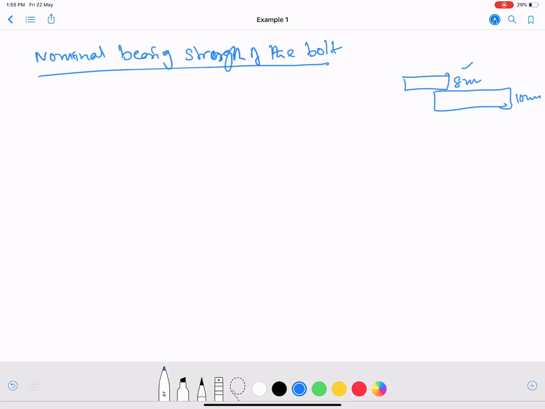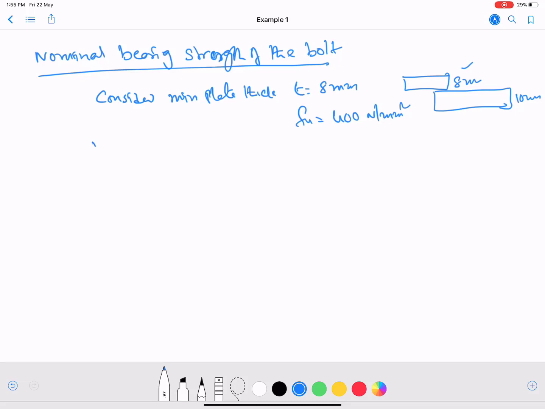We need to find the minimum capacity when we are designing, right? So let's consider the minimum plate thickness, t equal to 8 mm, and Fu equal to 400 Newton per mm square, which is actually the bolt Fu value, which is the minimum one.